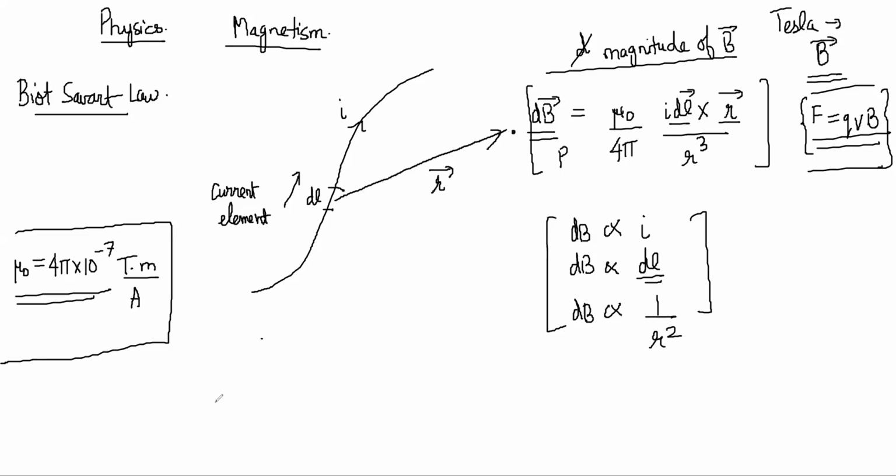The way you apply the right hand thumb rule here for Biot-Savart law type situations is you hold the conductor with your right hand in such a way that your thumb points towards the current.